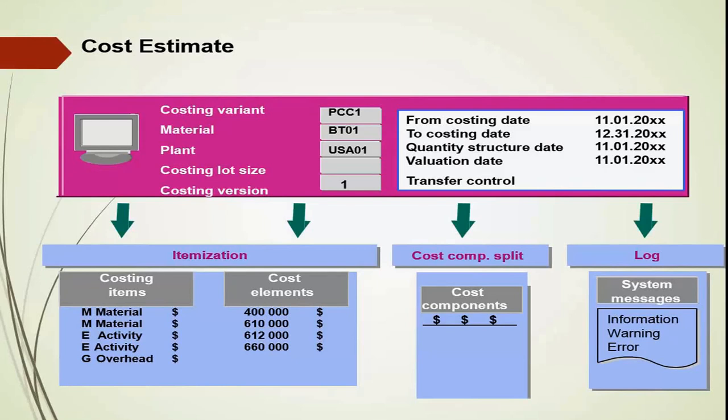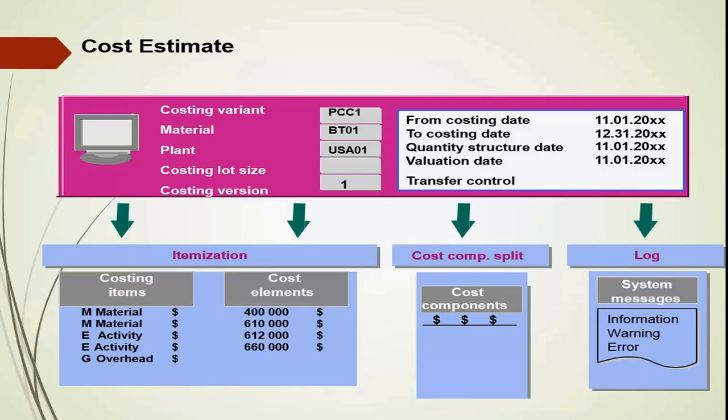But an error message you need to resolve before it can execute. An error message can be anything like missing cost, missing date, or something you missed which is required to execute the cost estimate. We learn this detail in our section which is dedicated to standard cost estimate.